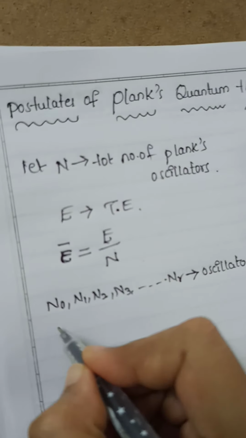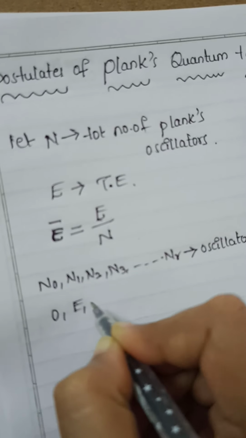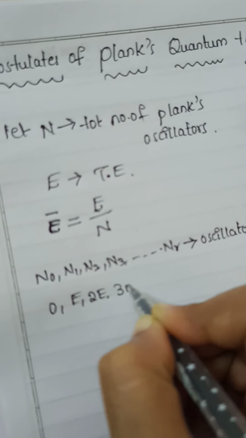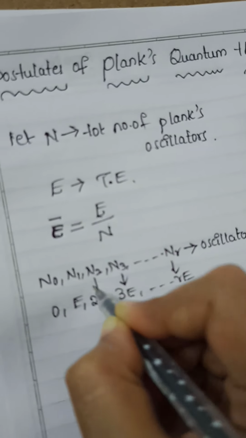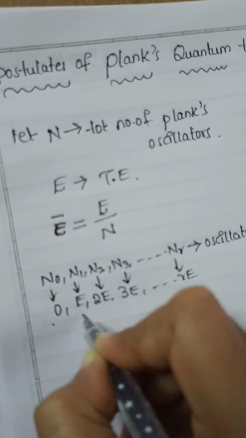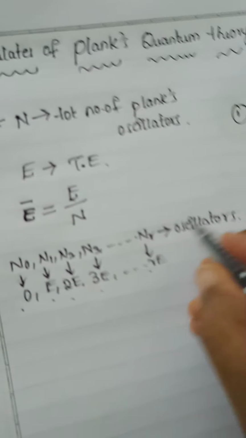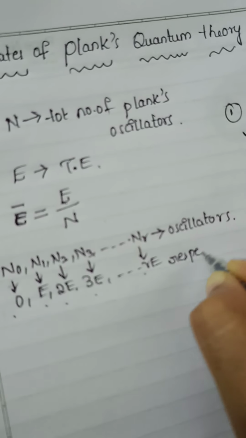These oscillators have energies 0, E, 2E, 3E, 4E, up to rE respectively.